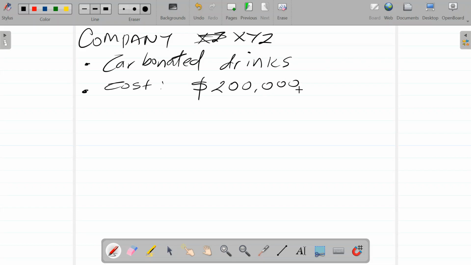So this is the cost of the machine from the supplier. Now they need a machine in Ghana here. Maybe this is from China. They bought the machine from China, but they need the machine here. So they have to pay for shipping and all that.